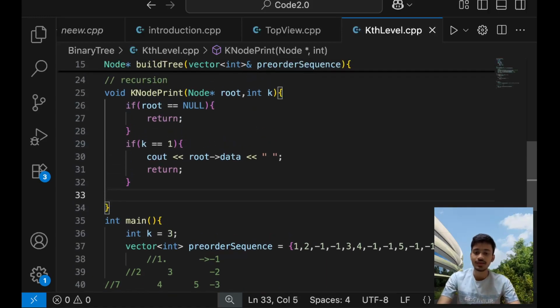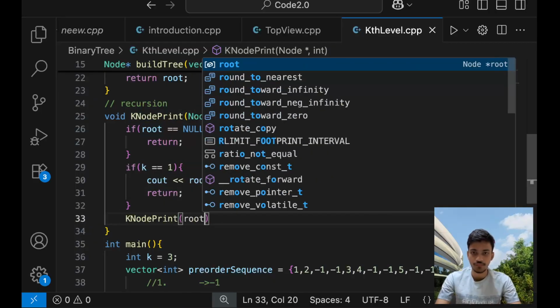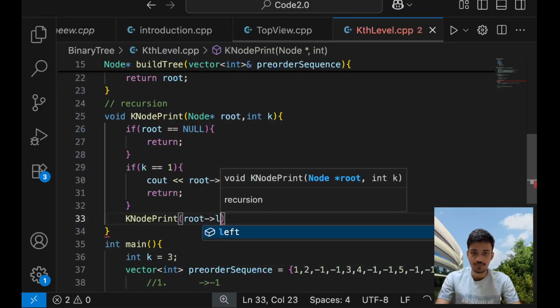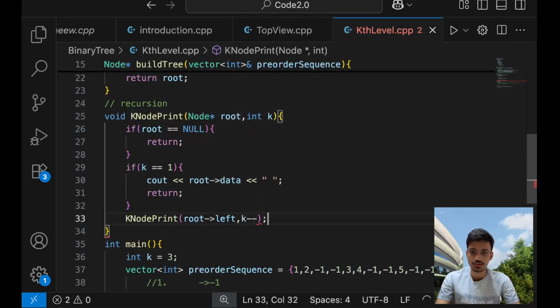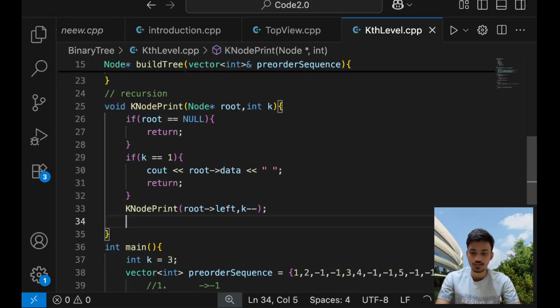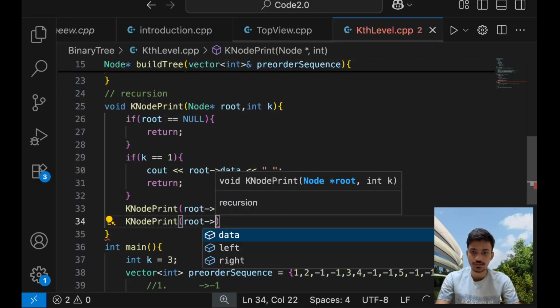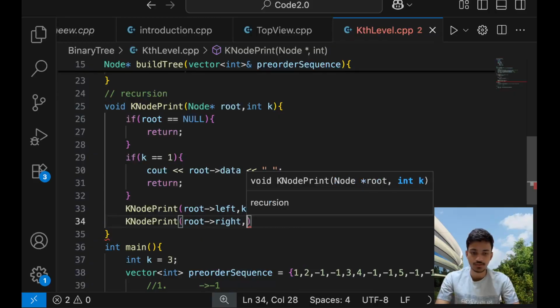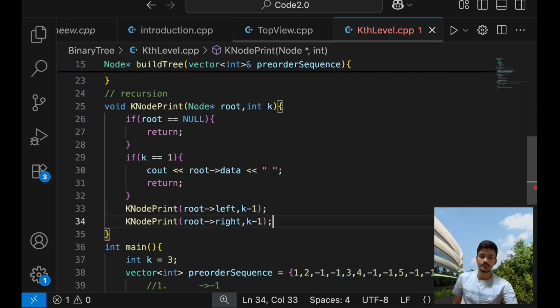We are going to call the same thing again and again, but for the root's left part, and k would be reduced. Okay, for the root's right part, and also k minus 1, not k minus minus, k minus 1.